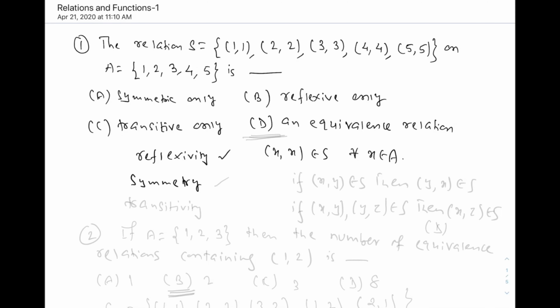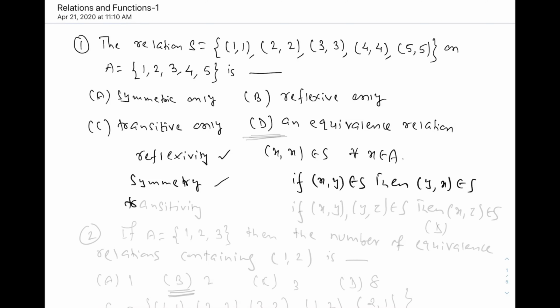Symmetry is like this: if (x,y) belongs to S, then (y,x) should also belong to S. Here in this S, (1,1) belongs to S, and (1,1) also belongs to S, so this symmetry is surely satisfied.